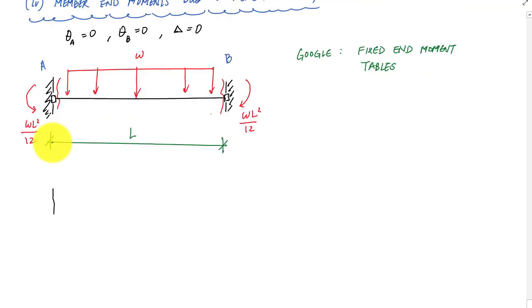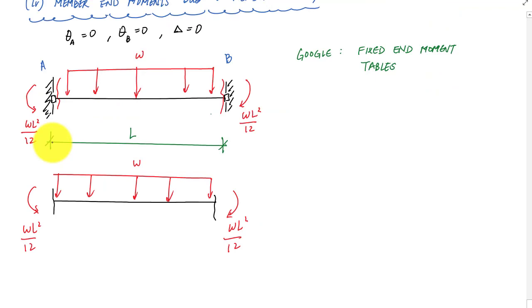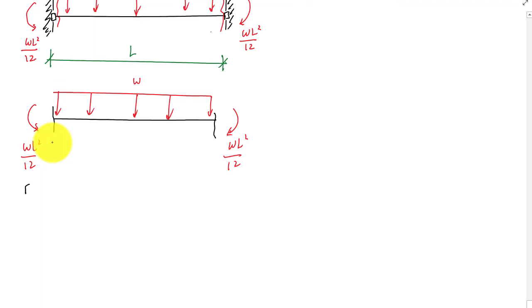In the member, if you were to actually cut it out, if we're using the slope deflection sign convention, we would say the fixed end moment AB, because it's going counterclockwise, is negative WL squared over 12.